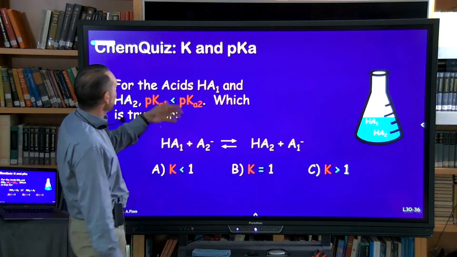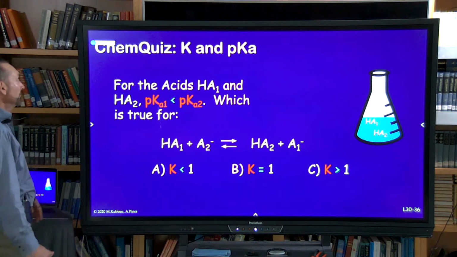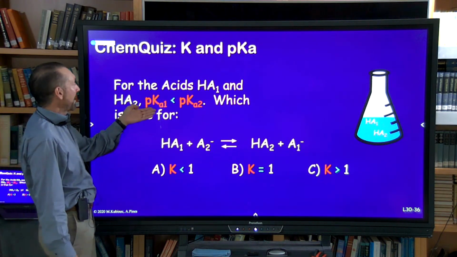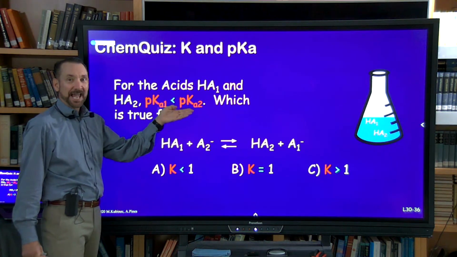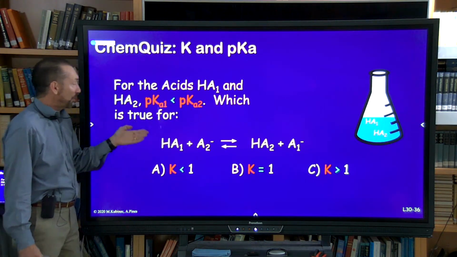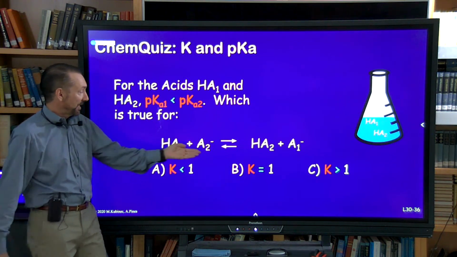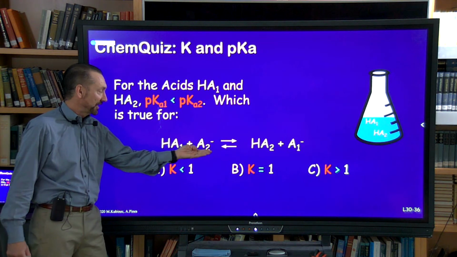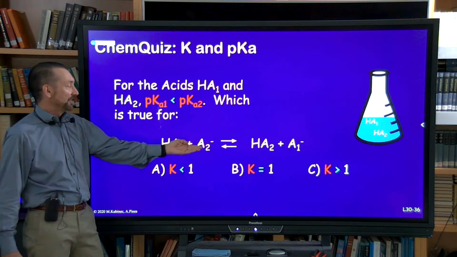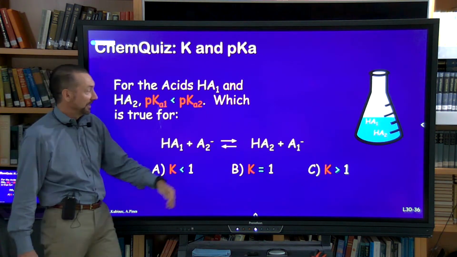Okay, so for the acids HA1 and HA2, we have a pKa1 that's less than pKa2. So which is true for the reaction of HA1 in solution with the conjugate base of HA2, A2 minus?